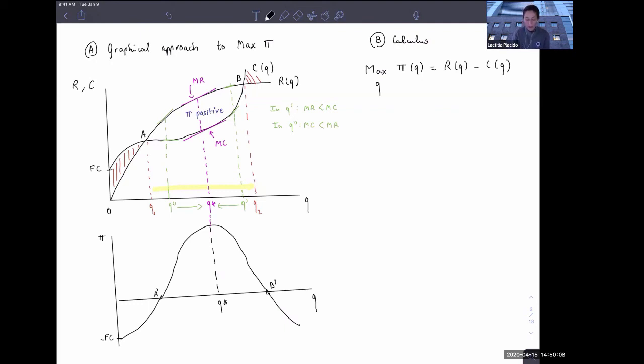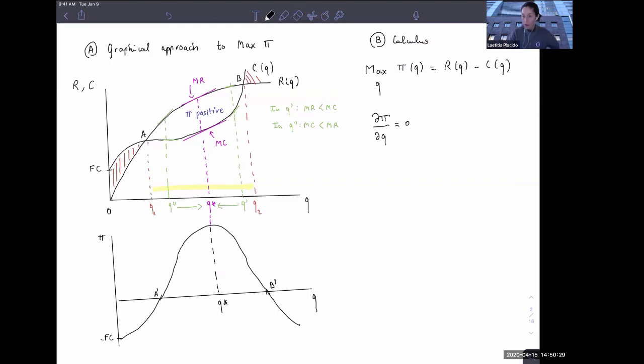So given that I get this function, how do I get the maximum here? What is Q star that maximizes the profit here? Well, we know that the first order condition is that the derivative of the profit function with respect to Q must be equal to 0.